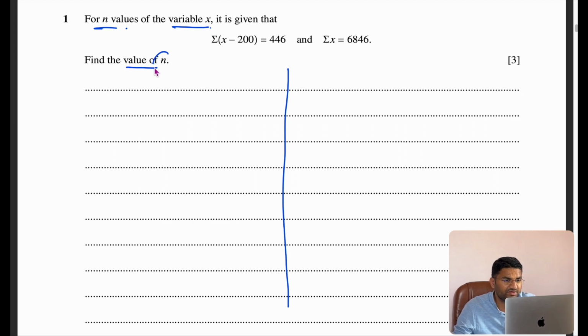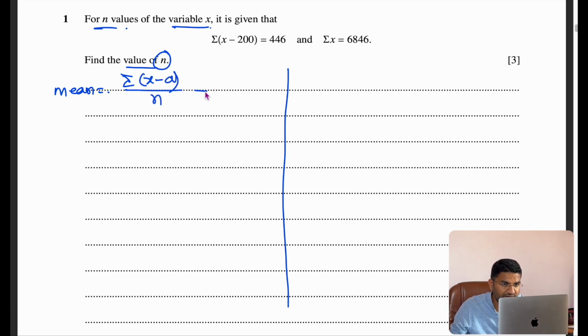Find the value of n, the number of values. This is a 3-mark question, and here you basically have to apply the basic concept. The basic concept is: mean is equal to the summation of x minus a upon n, plus a.